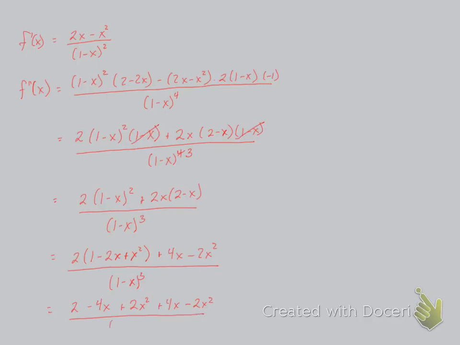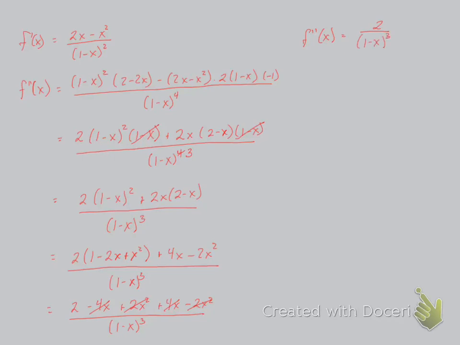And then you can see that I've got a bunch of things that cancel out. So the 4x's cancel and the 2x squared cancel, leaving me with a second derivative of 2 over 1 minus x cubed.